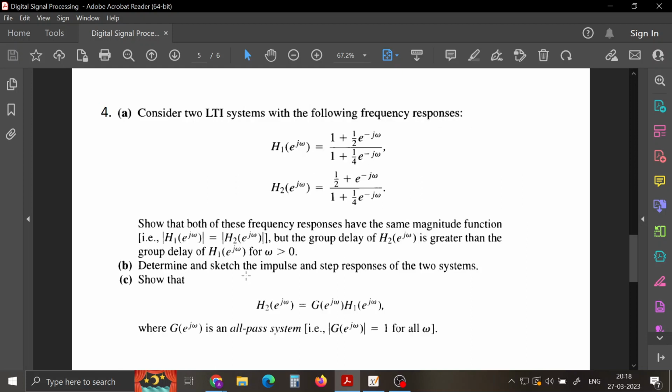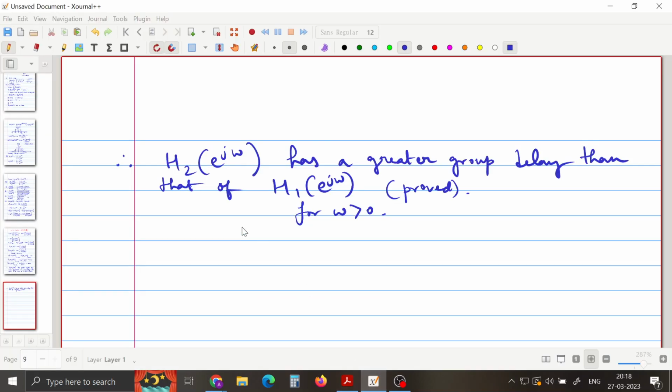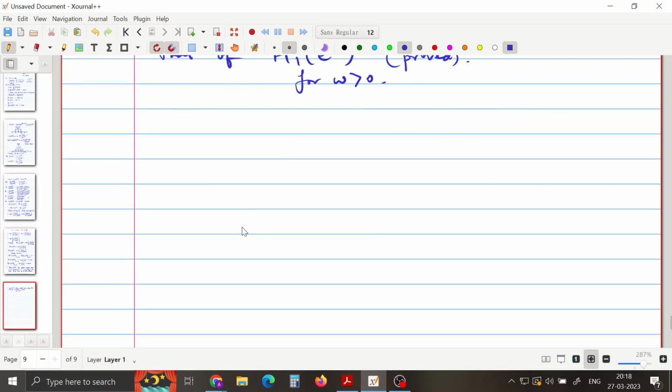In the second part we need to determine and sketch the impulse response as well as the step response of the two systems. So maybe I'll solve it partially and then you can solve the complete problem later in your free time. So let's see, to get the impulse response and the step response, 4B.